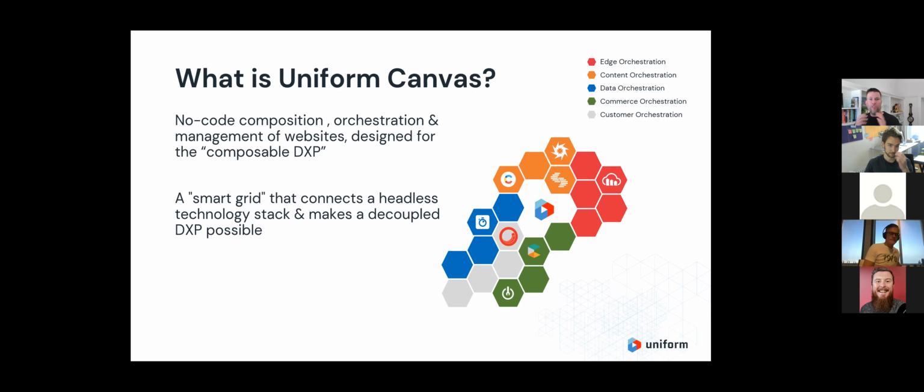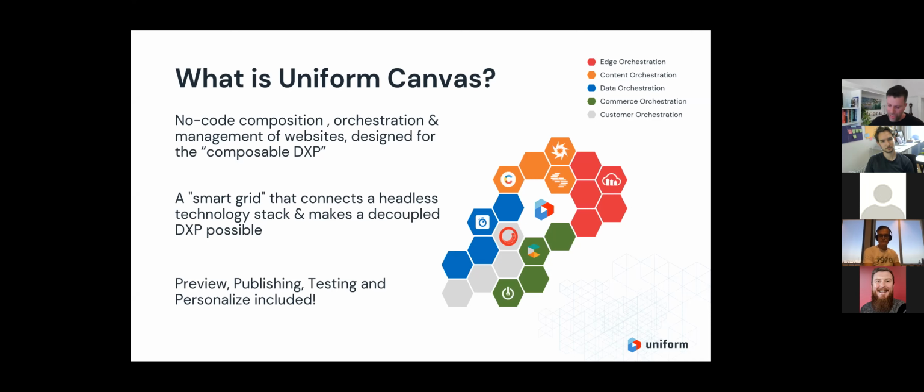So having a variety of best-of-breed SaaS offerings, and Uniform integrates those and allows the marketers to drop components built in front-end technologies onto a page and source the content from those systems in a completely decoupled environment.